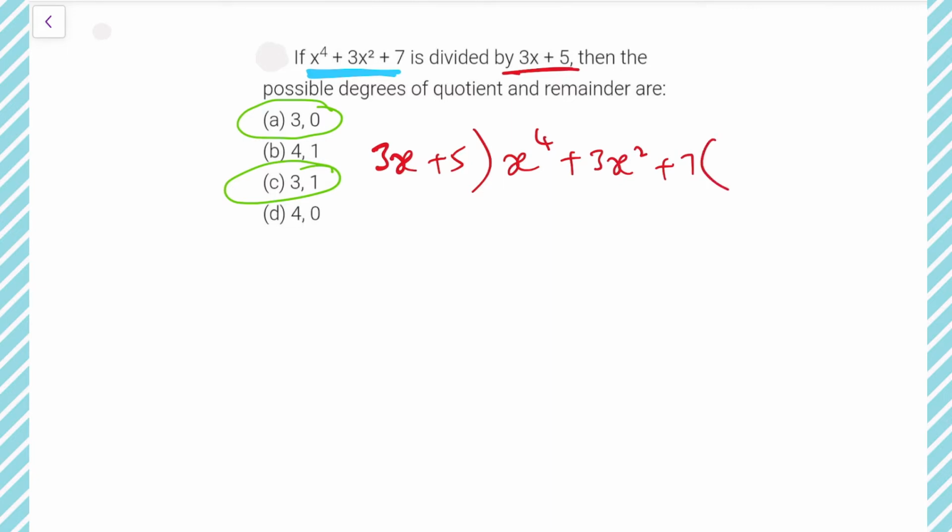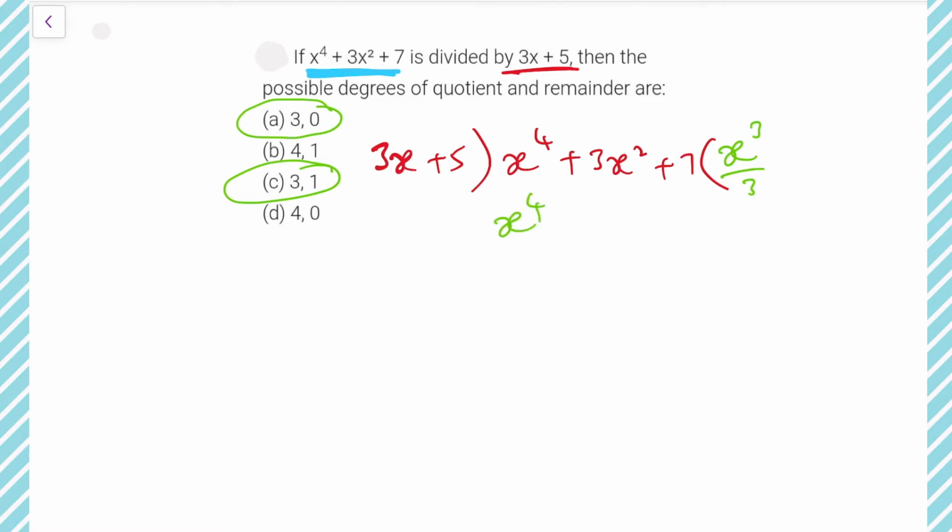The first term of the divisor is 3x and the first term of the dividend is x power 4. So 3x should be multiplied by what so that we get x power 4? That is x cube by 3. So 3x into x cube by 3 will be x power 4.